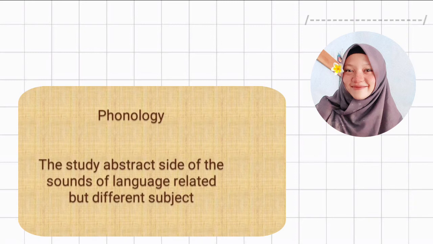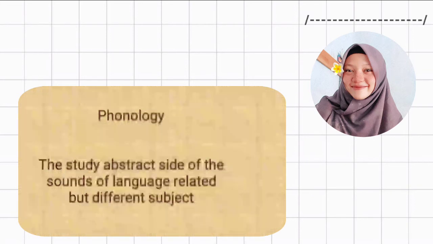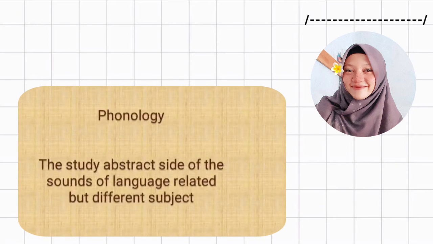When we talk about how phonemes function in language and the relationships among the different phonemes, in other words, when we study the abstract side of the sounds of language, we are studying a related but different subject that we call phonology. Only by studying both the phonetics and the phonology of English is it possible to acquire a full understanding of the use of sound in English speech.